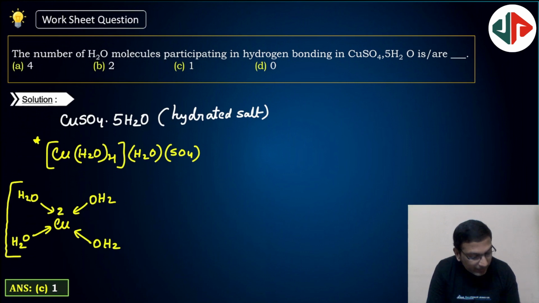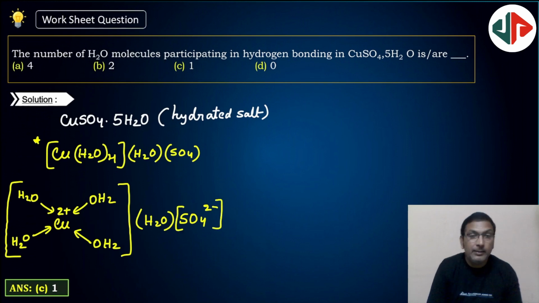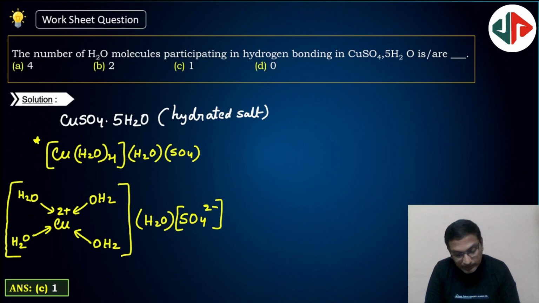Here Cu will be in Cu2 plus state. Outside one water molecule, and here SO4 2 minus. This is the actual structure. So 4 water molecules are bonded with Cu2 plus with dative bonds. This is a dative bond.